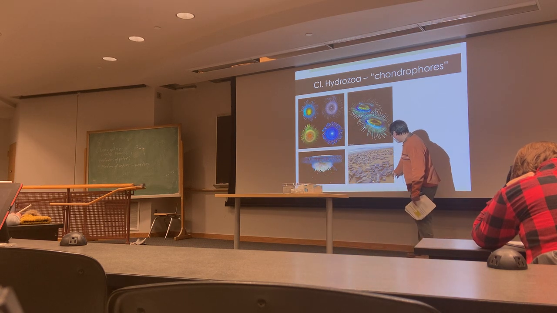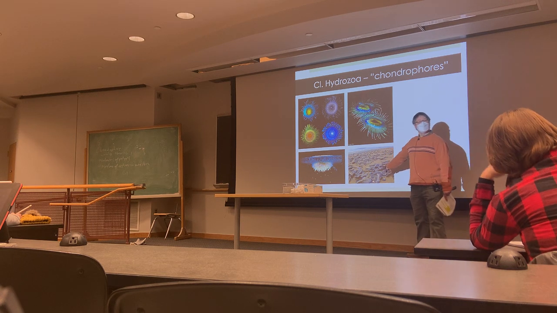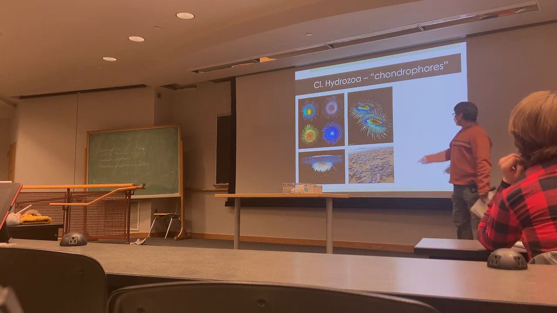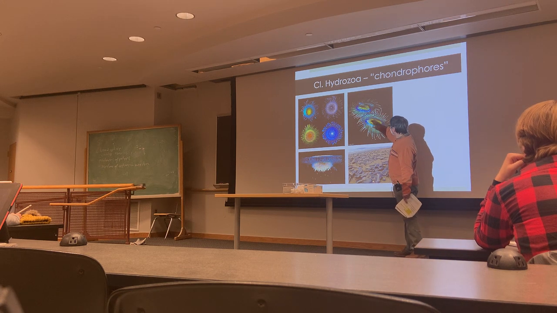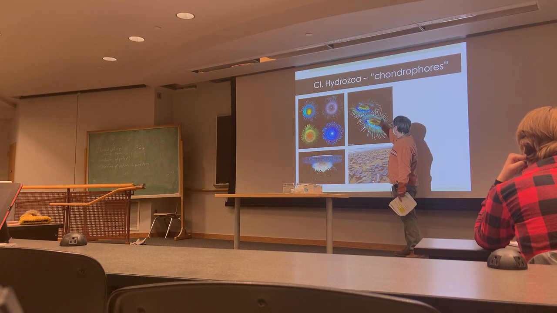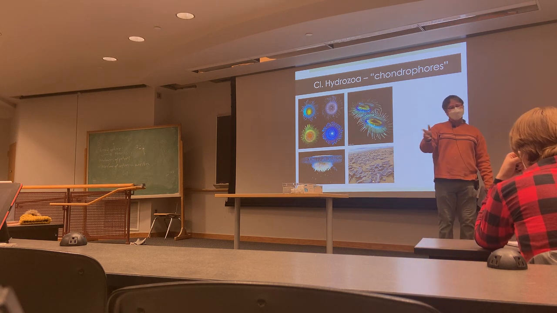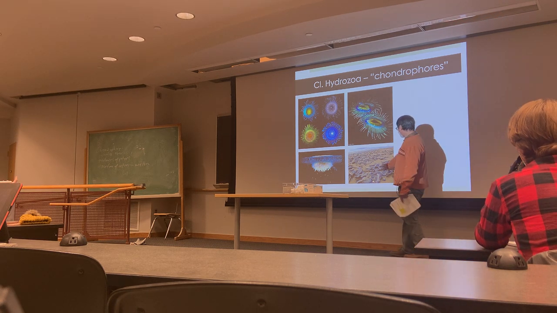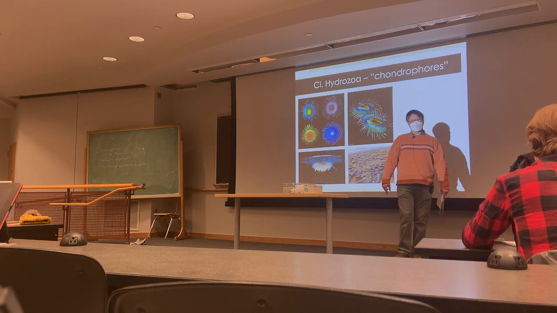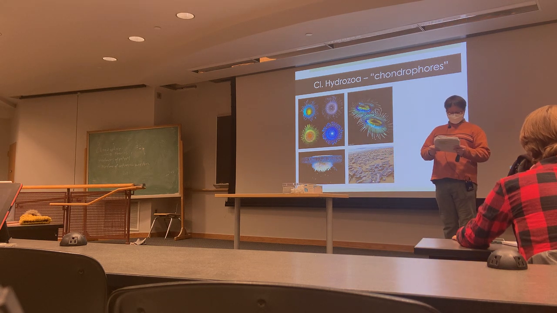This is a photo of a beach showing tons of what are referred to as by-the-wind sailors, because they have this little cartilaginous-like sail to them. They're capable of moving based on wind currents. When you get wind currents coming onshore, you may get mass stranding events of some of these chondrophores.